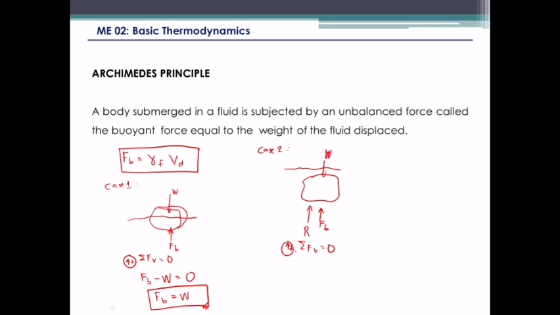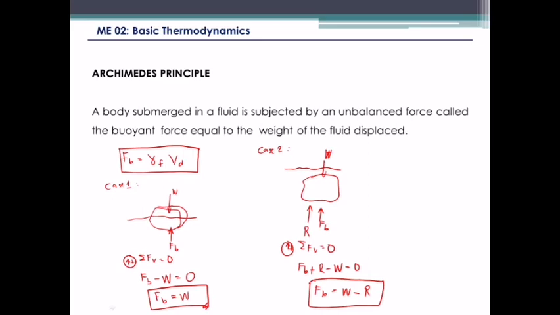Considering upward forces as positive, we have FB plus R minus the weight equal to 0, or FB is equal to the weight minus R.